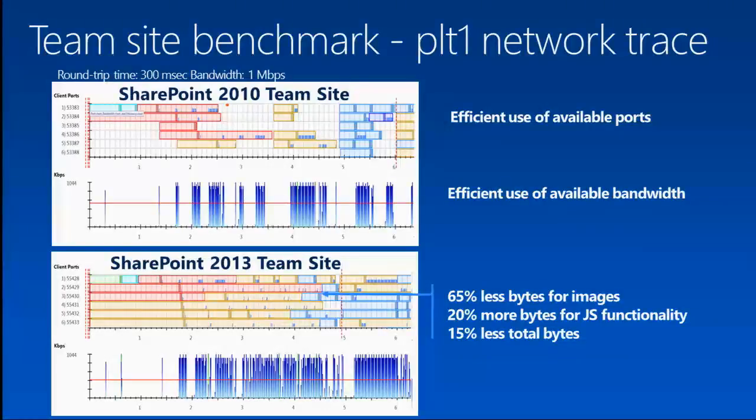And in total, 15% less bytes for this specific scenario with this specific benchmark. And most importantly, the content that you care about on this page, the document library, the chrome, the navigational elements, the carousel in SharePoint 2013, is coming down a full second faster compared to SharePoint 2010.